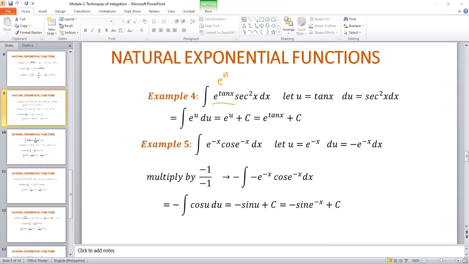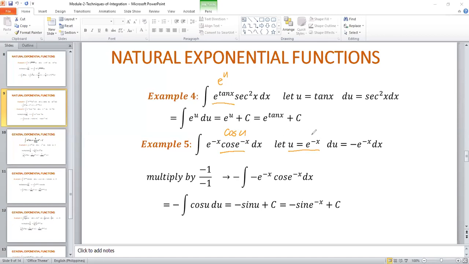Now for this one, this is not again an example which will yield an exponential function, but it contains the natural exponential function. If you will make this as your function to be integrated, the cosine of e raised to negative x, this will be your cosine of u, your u being the e raised to minus x.